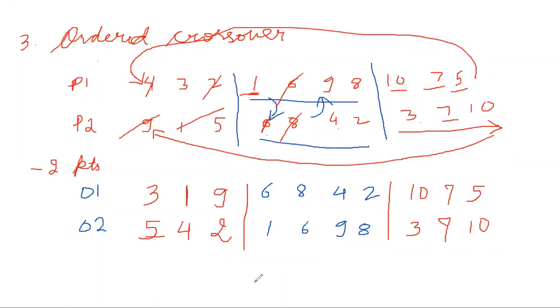The reason is that we cannot repeat the same city number again. Because of this restriction, we have to resort to a different mechanism, given in the form of the partially matched, cyclic, and ordered crossover techniques. You can take any one example, apply all three, and then see.